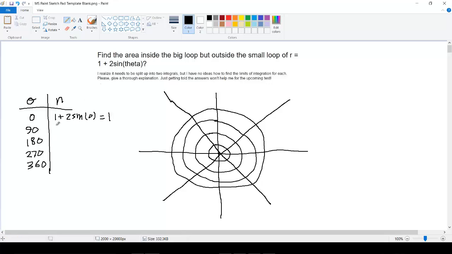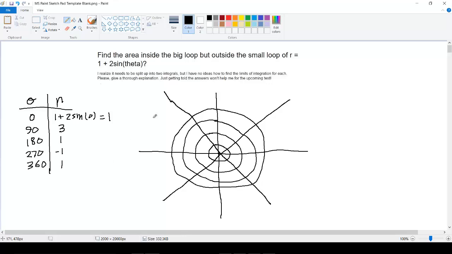In the same way, you probably know how to do this, so I'm not going to go too thorough, but the sine of 90 is 1, 2 times 1 plus 1 is 3. 180 will be 0 again, so this will be 1. At 270, sine is negative 1, so that's negative 2 plus 1, which means this is negative 1. And 360 loops around, so it goes back to the same as 0, which is 1.